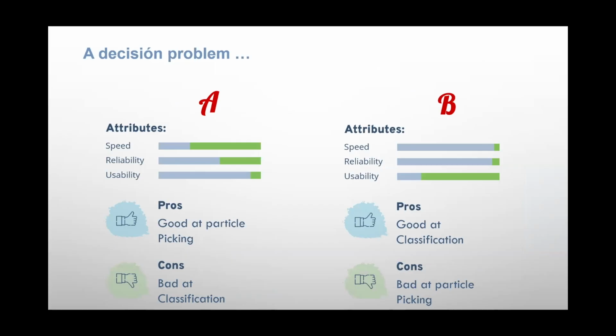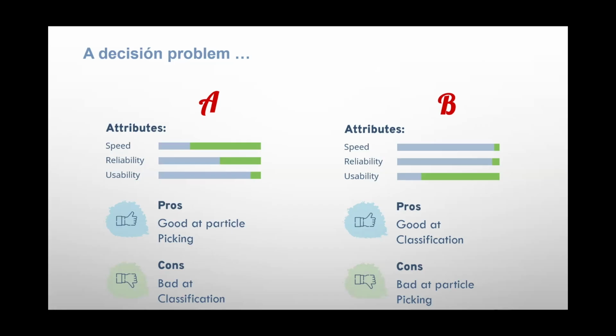So let's imagine that we have two software packages that I call A and B, and they can be complementary. One is extremely fast, the other is not as fast. One is very reliable, the other is not very reliable, but in contrast is very user-friendly.